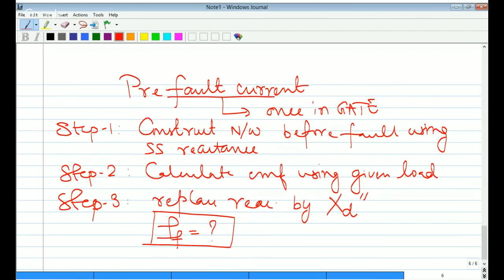No need to add pre-fault current to fault current. That is only applied in the Thevenin method. But the Thevenin method fails when subtransient reactance and steady state reactance are different. Only once it has been asked before in GATE, in that we had to calculate the EMF and then the fault current and not use the Thevenin equivalent. That is why it is safe to use this method where we calculate EMF and then find the fault current.